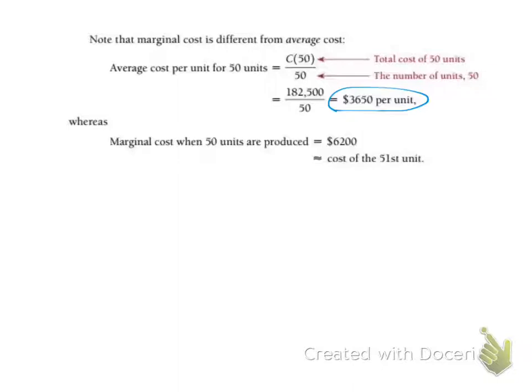Then the marginal cost when 50 units are produced would just be the derivative evaluated at 50, and we got 6,200. So that's the cost of the 51st unit. See the difference between the marginal cost and the average cost. The average cost is just the total cost averaged out over the number of units you're producing. The marginal cost is the cost of a specific unit. Specifically, the 51st unit itself costs $6,200.